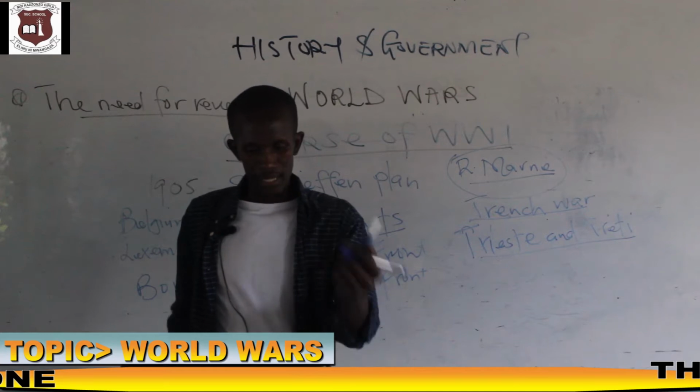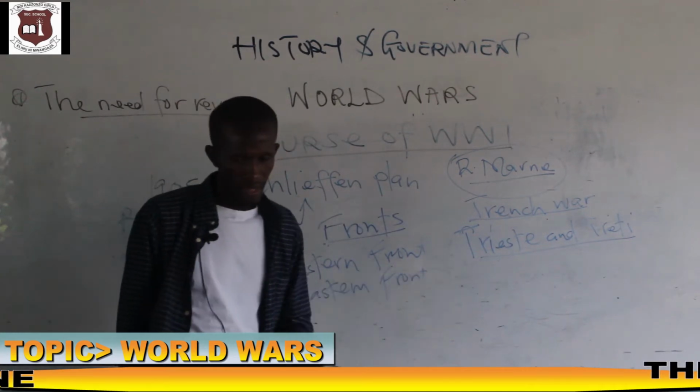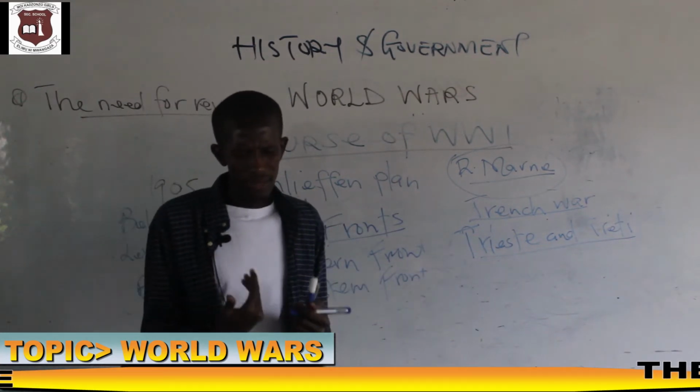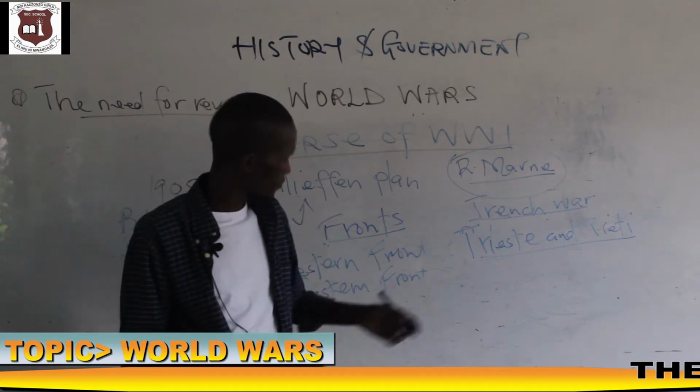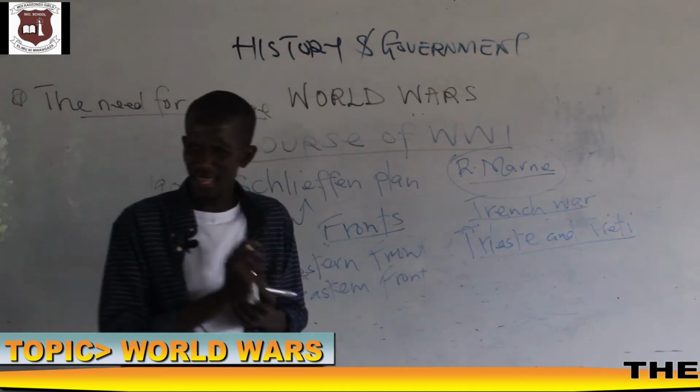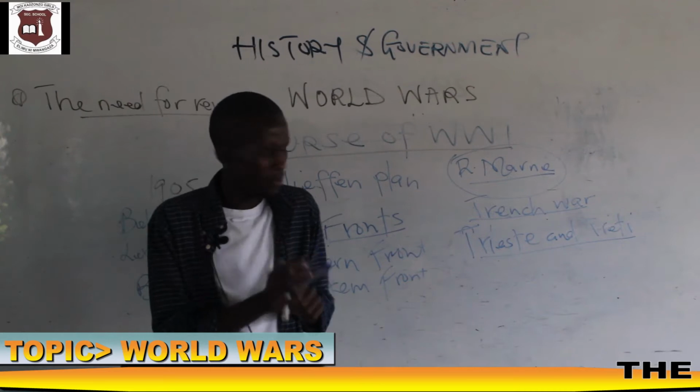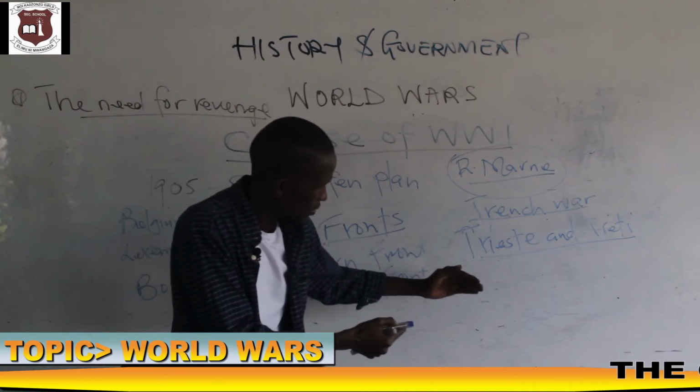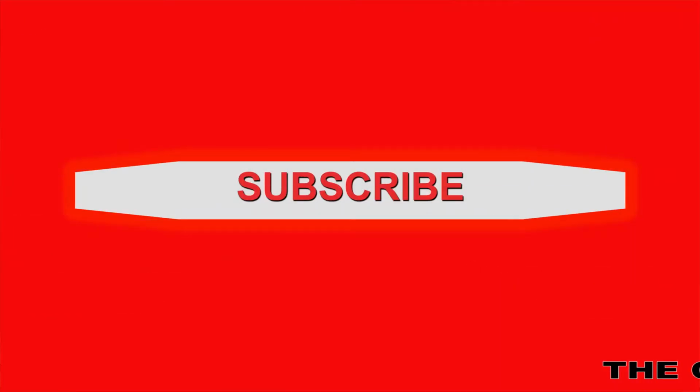Italy joining the Allied side held the Austrian forces from attacking. You can check in the map. It prevented the Austrians from attacking Russians in the east, because now the Italians were on their way.